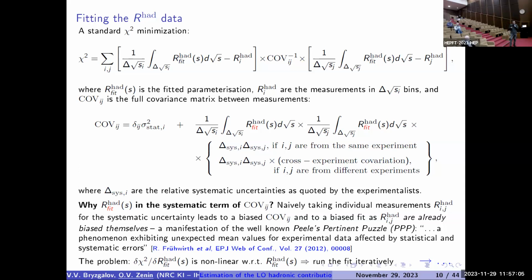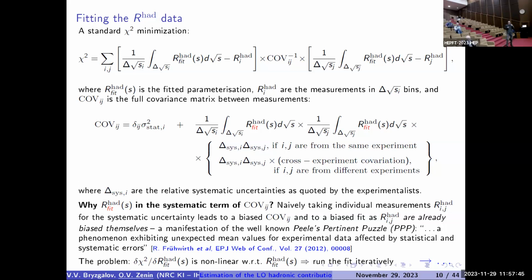And this means that the average between them will tend to be lower. It will be attracted by the lower points. So this is the bias. In mathematical statistics, this effect is termed the Peelle's pertinent puzzle. It's a well-known effect, and its qualitative explanation is just as we tried to give now.